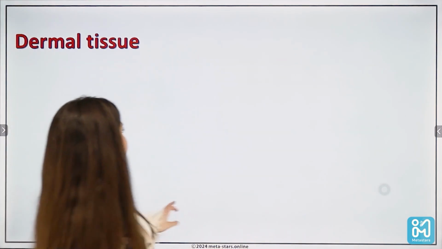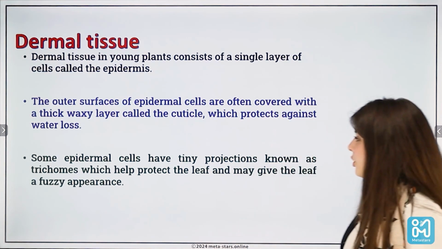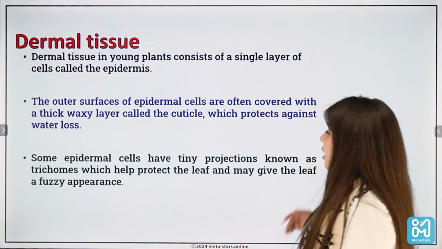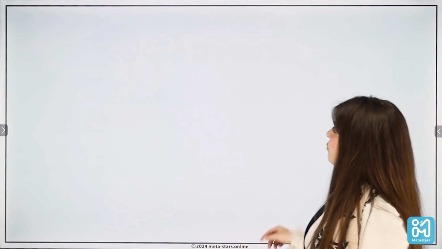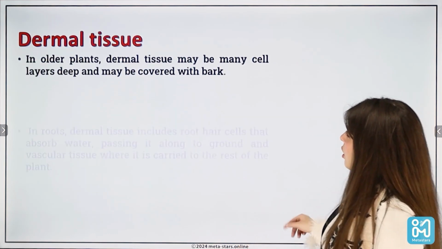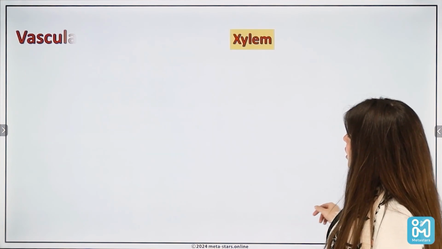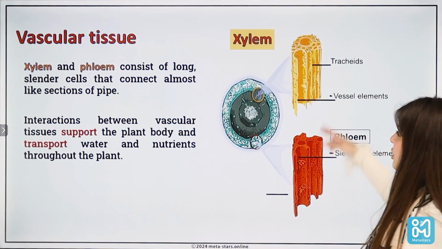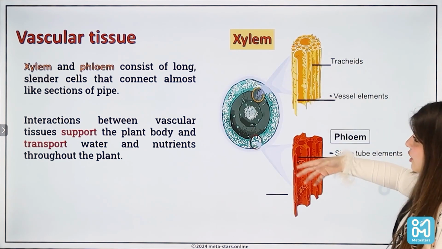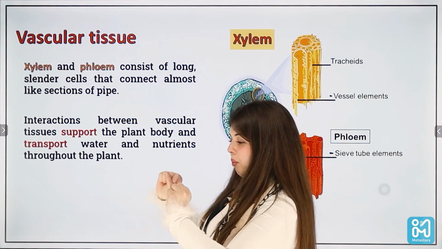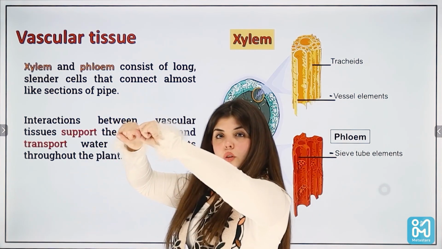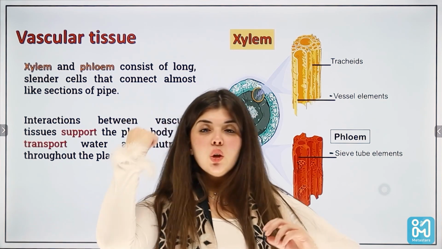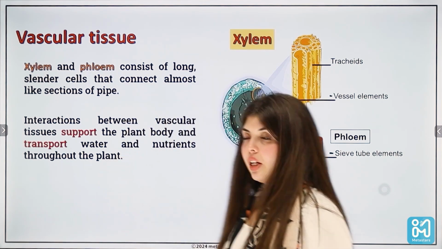So the dermal tissue is the outer surface of epidermal cells, which includes the cuticle and the trichomes. The vascular tissue, which is the xylem and phloem, consists of long cylinder cells that connect almost like sections of pipe. So it absorbs the nutrients from the soil, then transports them to the rest of the plant.